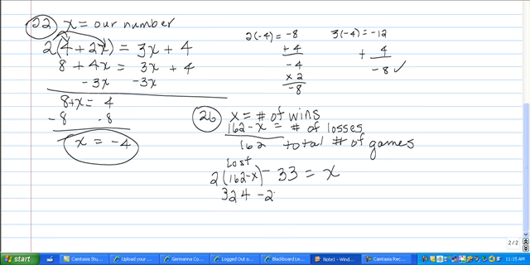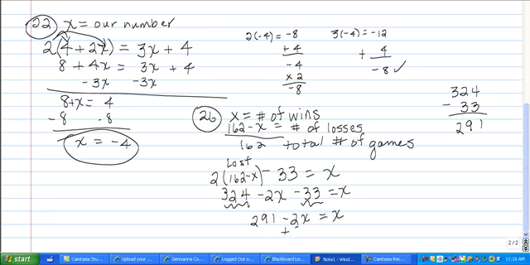So 324 minus 2x minus 33 equals x. And let's collect our like terms here. 324 minus 33. Since they're on the same side, we can go ahead and combine them. 291 minus 2x equals x.